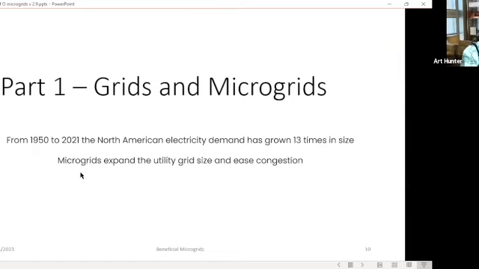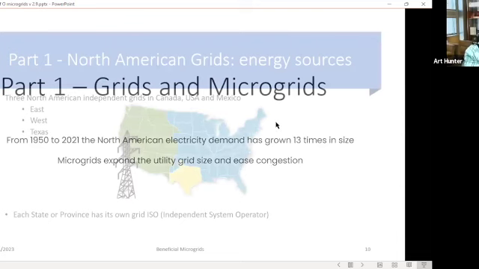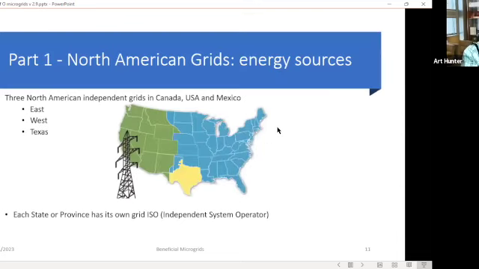And so microgrids do, in fact, expand the utility grid size and ease congestion, because microgrids become part of the grid.